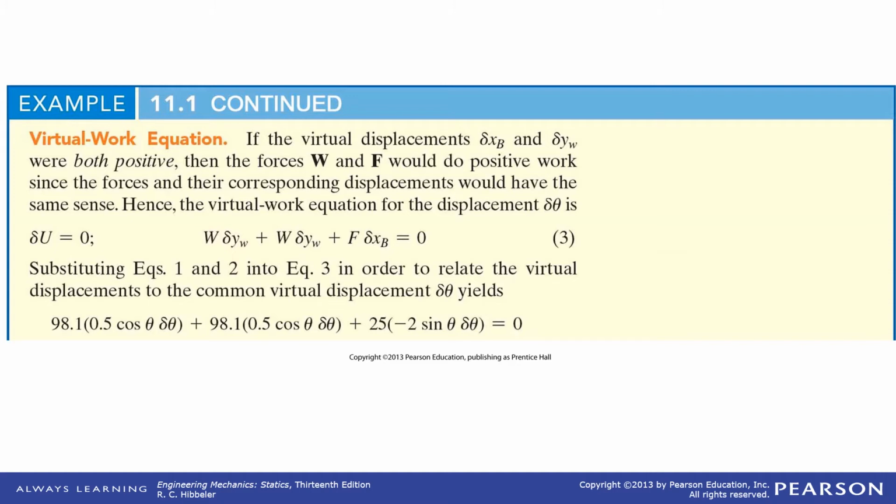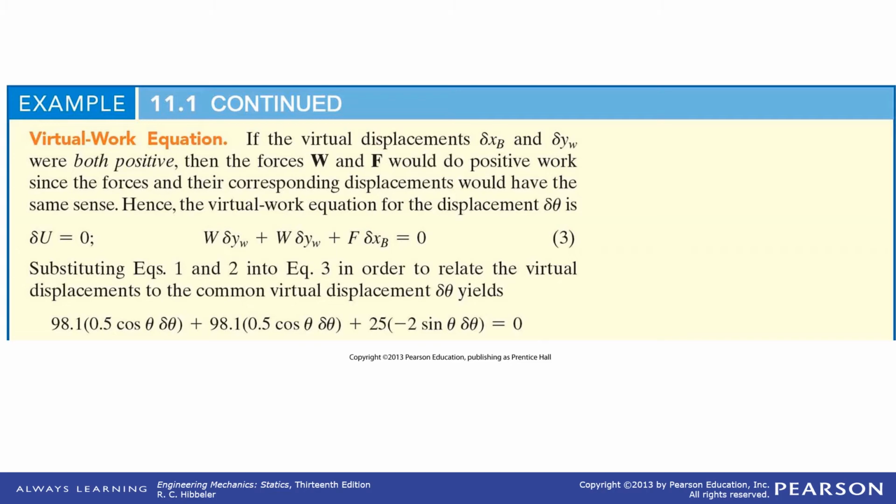On the previous slide, you saw the delta y was 1/2 cosine theta d theta. So this expresses those first two terms in the equation above. In the previous slide, we saw that delta x is negative 2 sine theta d theta.